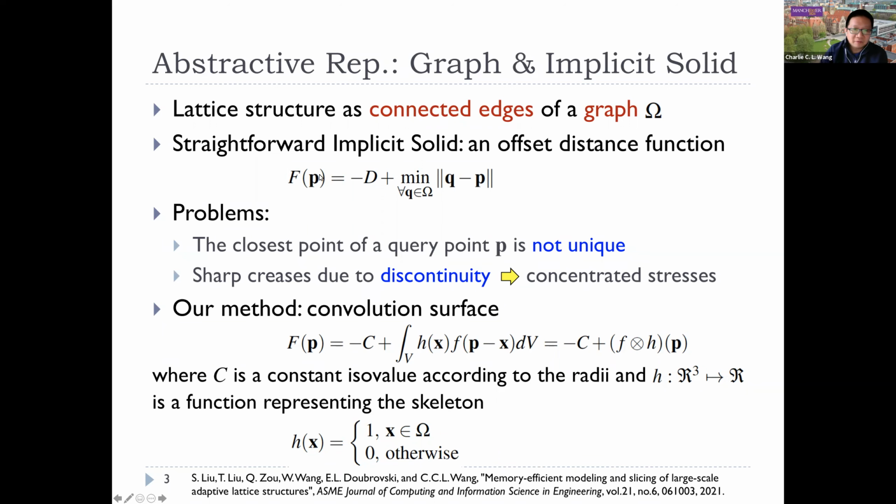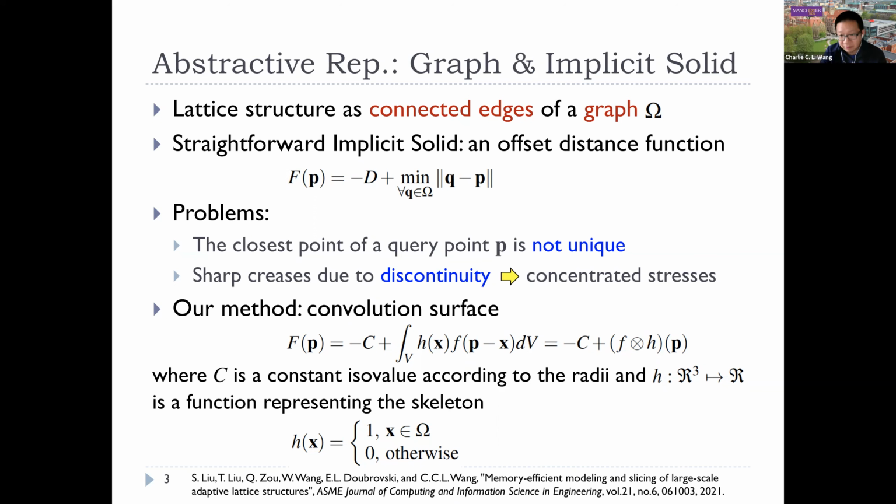But the problem with this straightforward distance field representation is uniqueness: the closest point of a query point is not always unique. This creates sharp features or sharp creases in the mid-axis region, which lead to discontinuity.